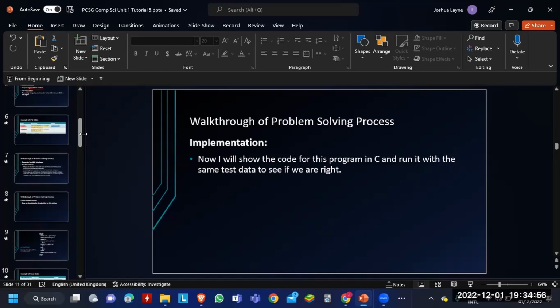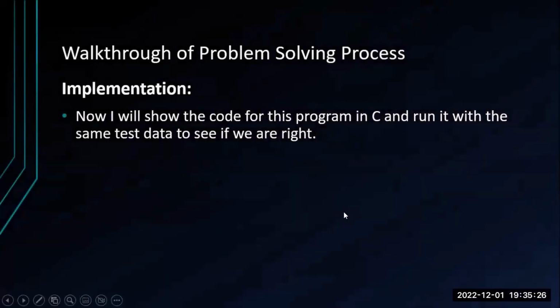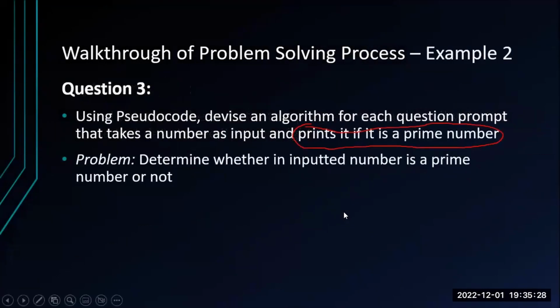And then we tested that algorithm using a trace table, and then I just implemented it for you in C. All right, so does everyone understand? All right, so I'll just do one more demonstration and then we can start doing questions. Right, so let me just get back up the slideshow and we can continue.